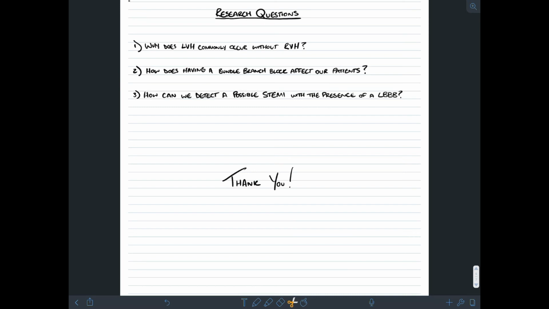So left bundle branch block is widely renowned as a STEMI imitator. There is a way to detect a possible or probable STEMI in the presence of a left bundle branch block. There is a technique, however, it is still contraindicated for a STEMI bypass. That is more of a patching point and an extra knowledge piece.